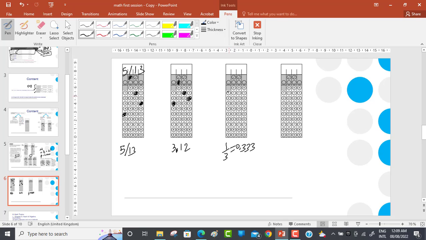You can grid it as 0.333 or 0.334, both are correct. Finally, if you got a mixed number like 3 and a half, 3 halves, it's going to be written as 7/2, so you can grid it as 7/2.